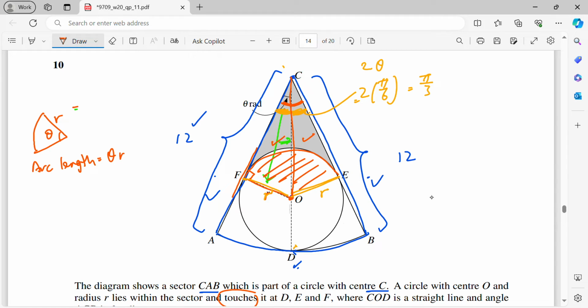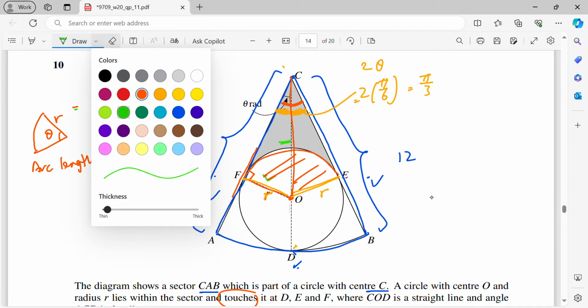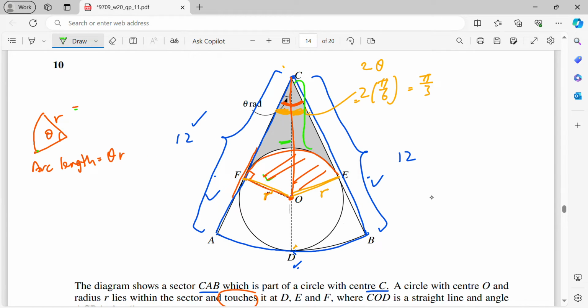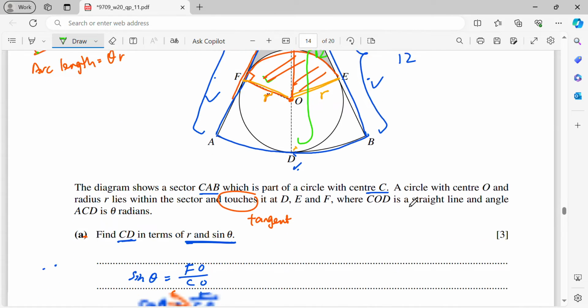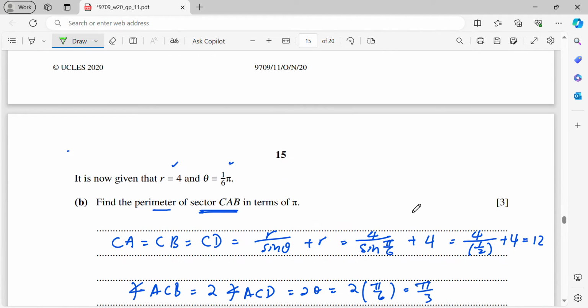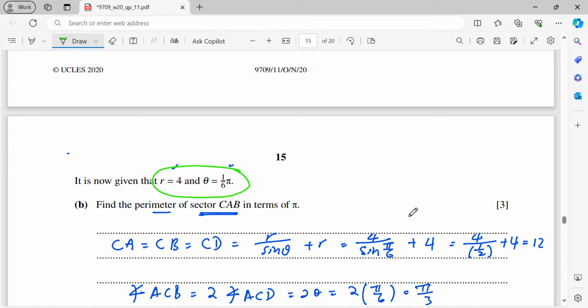Okay, so to get area of the triangle, since just now we have found that here is 12, here is 12, and then you are given R equals to 4 and theta equals to pi over 6.